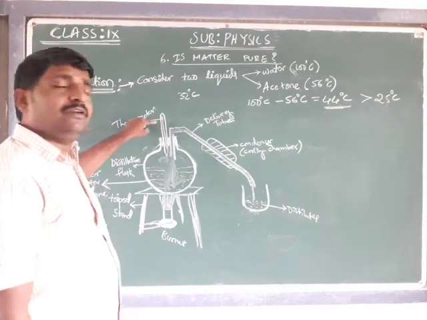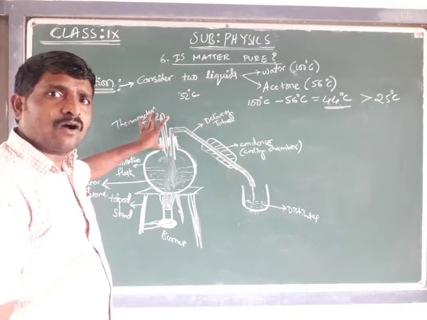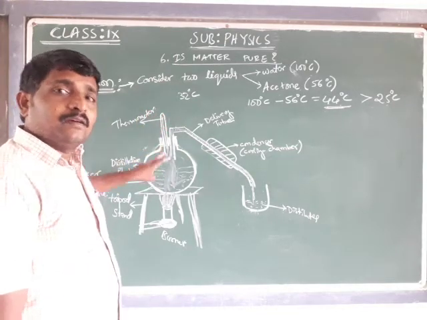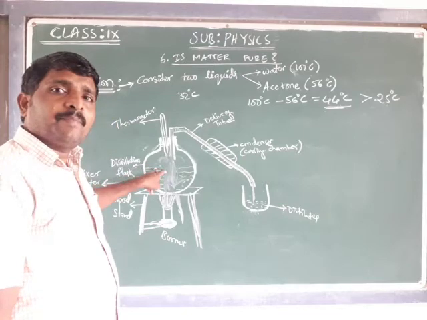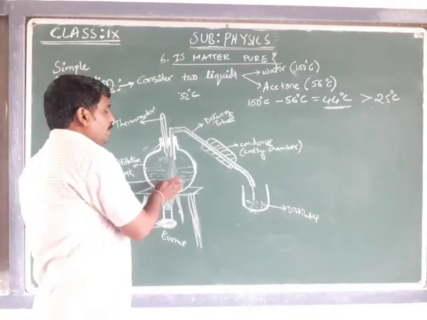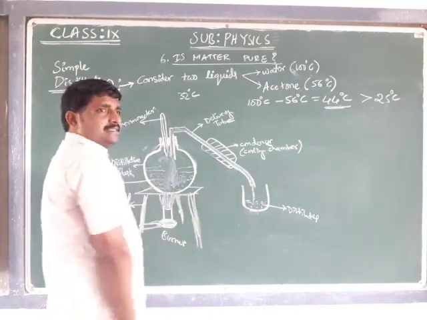That's why we connect a thermometer here, where we have to closely observe the reading, which shows the temperature in the conical flask, so that only the acetone can be vaporized and collected as distillates.